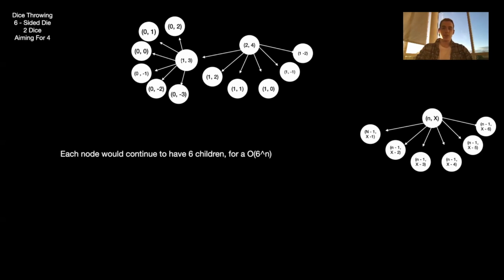Each node has 6 children, and therefore you have a big O of 6 to the n, which really isn't great. But like I said, we're going for correctness, not efficiency. And as I was saying earlier, I just wanted to make a point that working with simple diagrams is usually better. All right, let's go code this problem up.